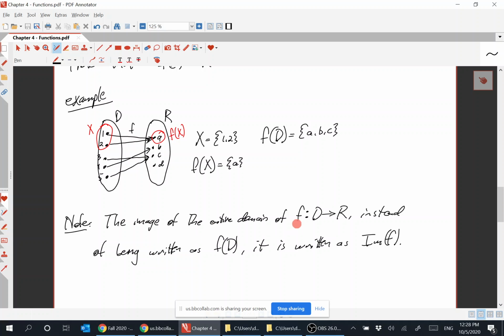And the image of the entire domain of f from D to R, instead of being written as f of D like this, is often written, not always, as the image of f, the image of the whole function.